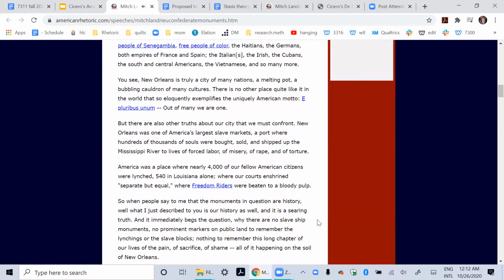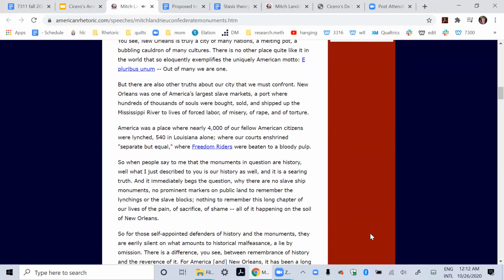America was a place where nearly 4,000 of our fellow American citizens were lynched, 540 in Louisiana alone, where our courts enshrined separate but equal, where freedom riders were beaten to a bloody pulp. So when people say to me that the monuments in question are history, well, what I just described to you is our history as well.